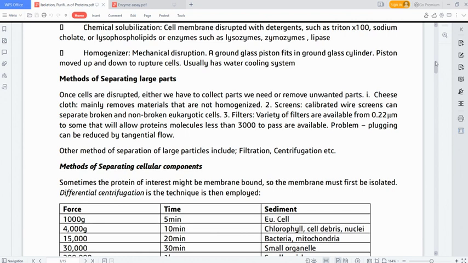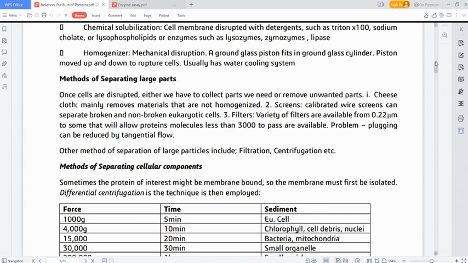Now you can screen by calibrated wire screen, which is still like a sieve, which you can use to remove broken and non-broken eukaryotic cell walls. Because definitely this method was not going to be selecting the cells one after the other to break them down. Definitely there will be cells that are not broken, so you need to remove those ones.